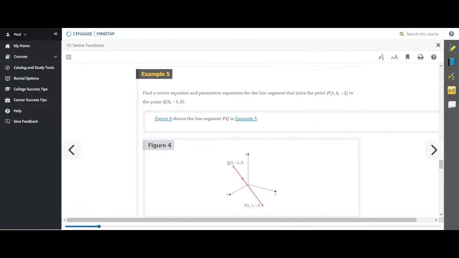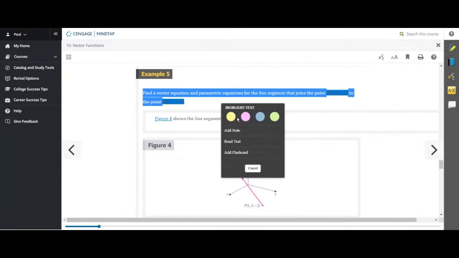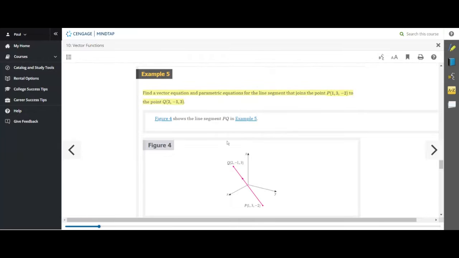Okay. In example 5, they want you to find a vector equation and parametric equations for the line segment that joins one point to another point. Well, you know how to find parametric equations for a line.